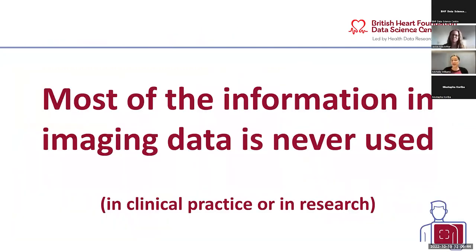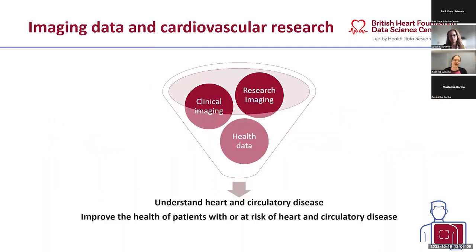So most of the information in imaging data is never actually used either in research or in clinical practice. And so what we want to do at the Data Science Centre is to help researchers harness this information to do better research than ever before. Next slide, please. And part of that is combining imaging data with other information.